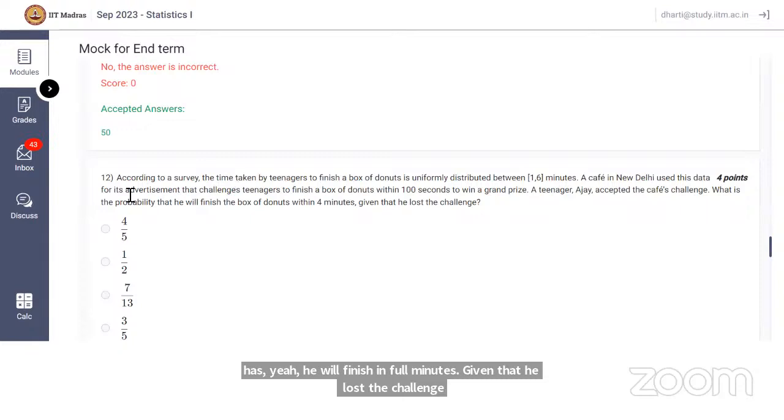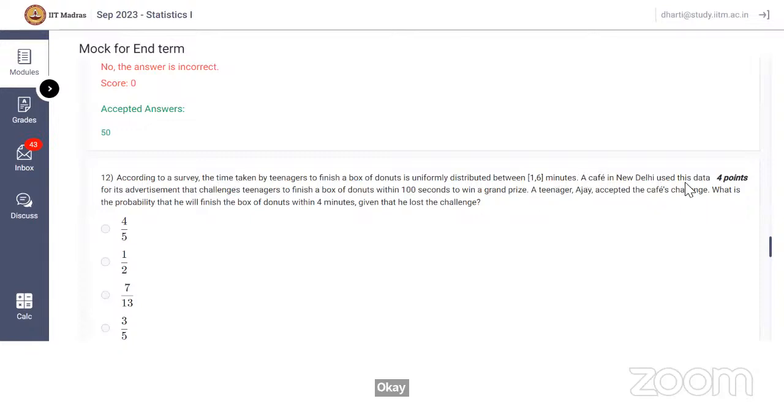Okay. Yes. Ma'am, I took it as an interval between 100 and 240, instead of conditional, like how you have taken. See, in the question they have mentioned what is the probability that he will finish the box of donuts within 4 minutes, given that he lost the challenge.